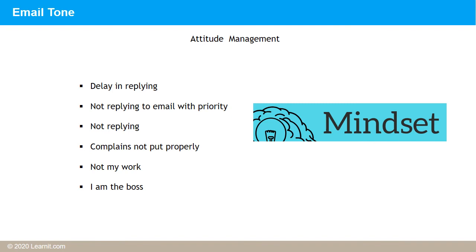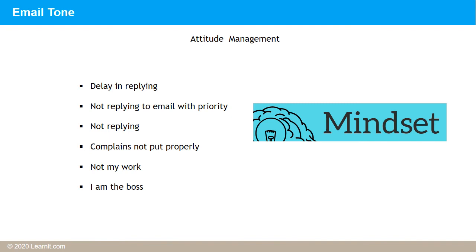Also, what happens when you get an email and you see that it's not your work, maybe it is the work of your team member? In that case, you delay. You get a thought in your mind, this is not my work, why should I do that? But as I said, in a professional environment, we need to work as a team. So, this is another mindset that comes into the picture in certain cases.